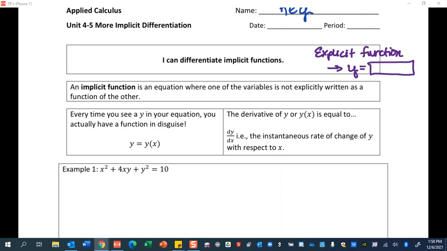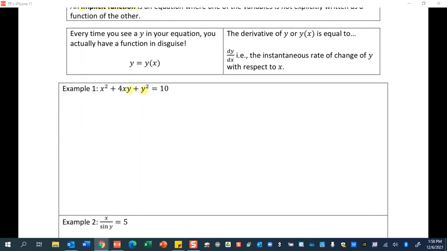Now, if you have the ability to solve for y and then take the derivative, you can. It doesn't matter what order you do your work in. We have to have implicit functions because sometimes we can't untangle y. Sometimes we can't solve for y. If you look here, we can't get y out of there.